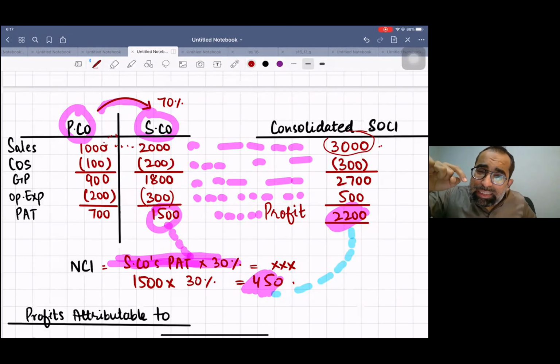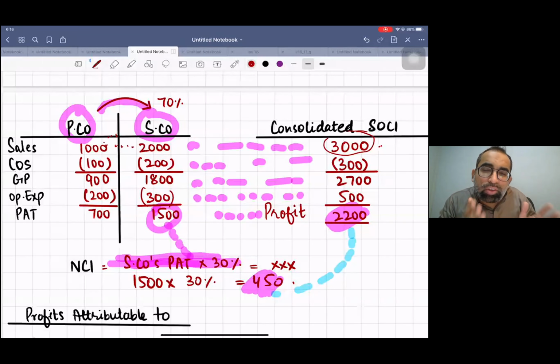Whatever problem is with the parent company's income statement, that problem will be carried forward to the consolidated income statement. For example, if by mistake the parent company's sales is understated, this problem will be carried forward to the consolidated income statement as well. If the parent company's sales is wrong, then automatically consolidated sales is also wrong.